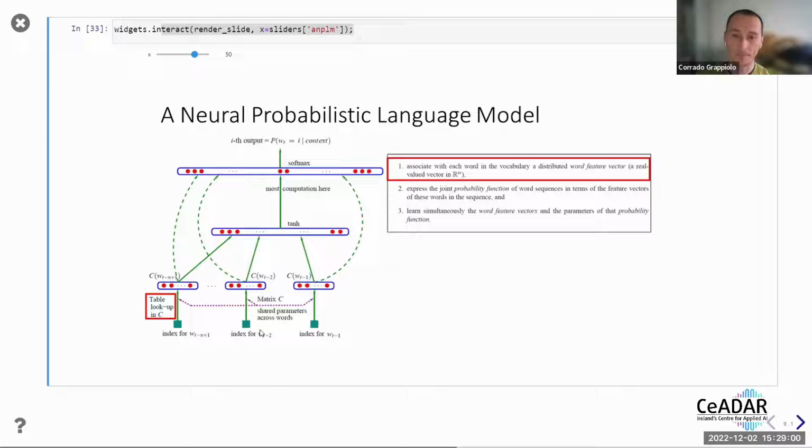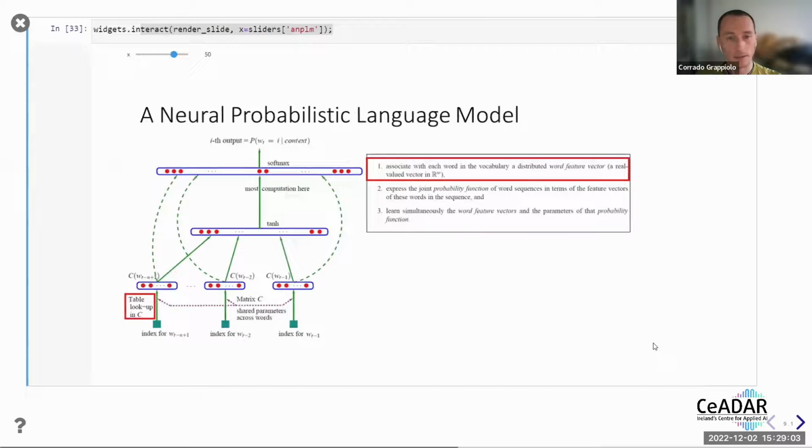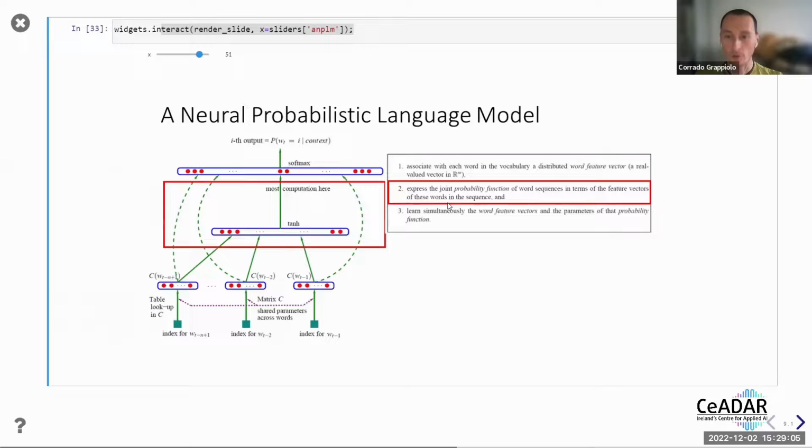The vectors are extracted, and then there's the second step, which corresponded to the joint probability function, which is essentially the neural network, the hidden layer that concatenates these vectors, and then through a nonlinear activation function, which is the arc tangent in this case, leads to a final output layer with softmax activation that returns the probability distribution of the next word given the context.